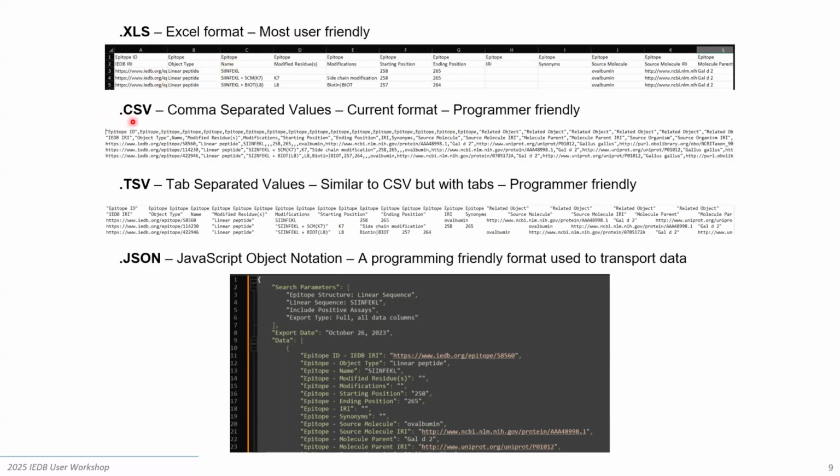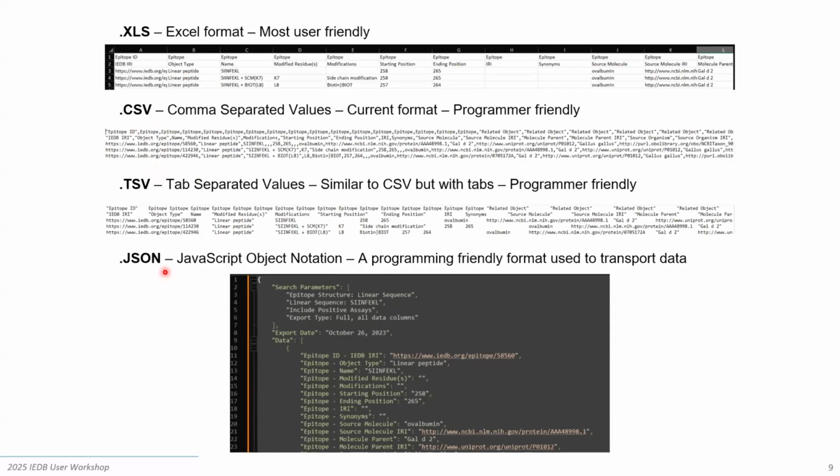You then have comma-separated values, which is a standard within the data consumption fields, which is just all of the data separated by commas. Tab separated is the same as comma separated, but just using tabs. Again, this is more an option. Usually you would choose these because whatever you're going to use to consume the data would prefer commas or tabs.